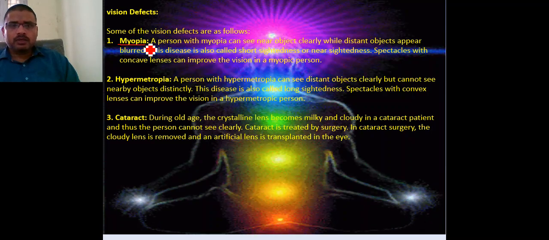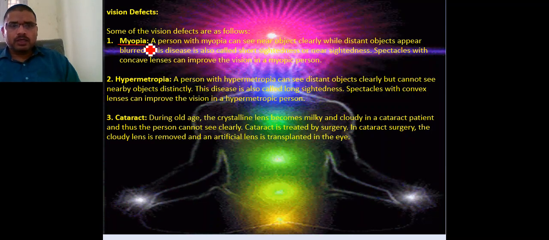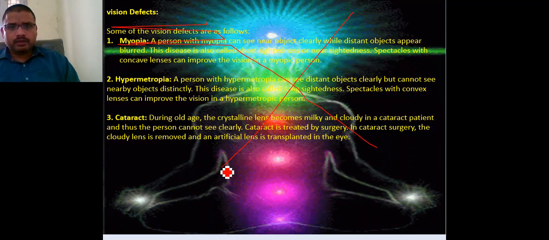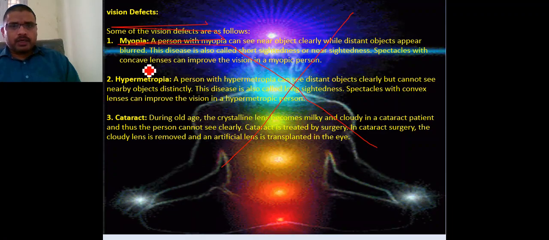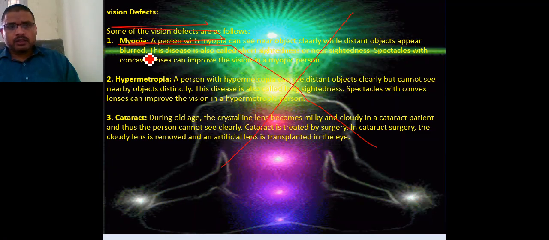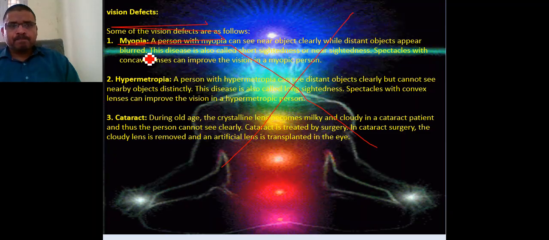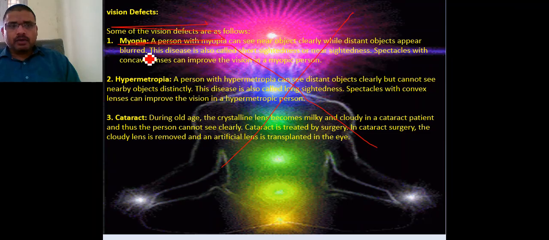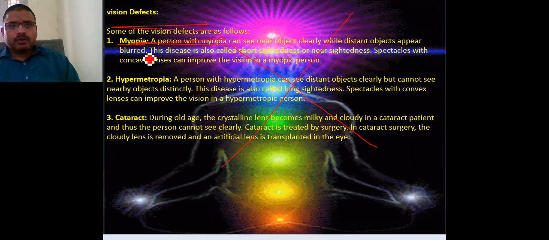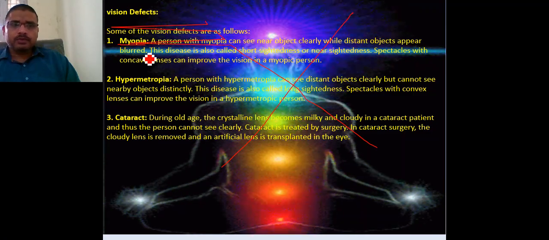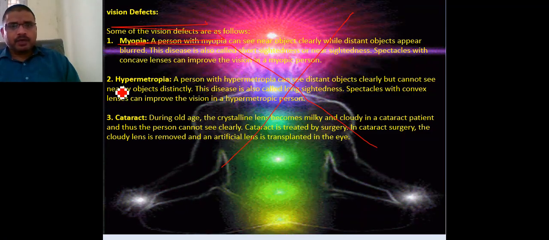In case of myopia, we can see the near thing, but are not able to see the far things. But in case of hypermetropia, just the reverse happens. We are not able to see the near thing, but able to see the far thing.